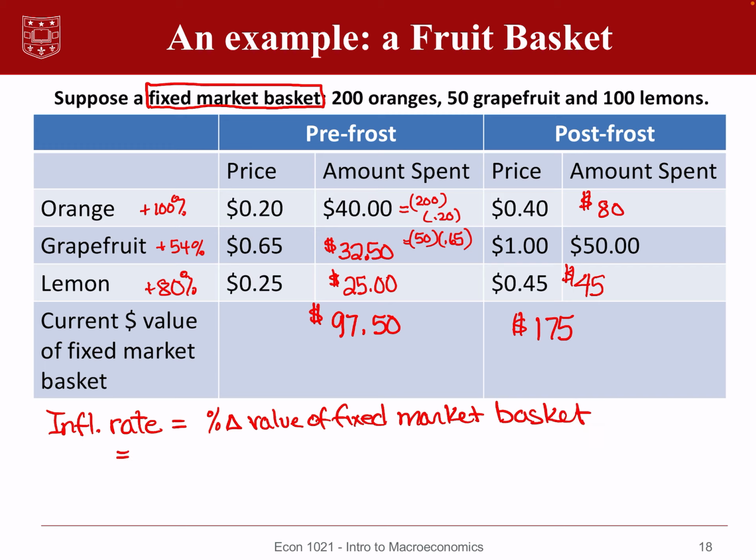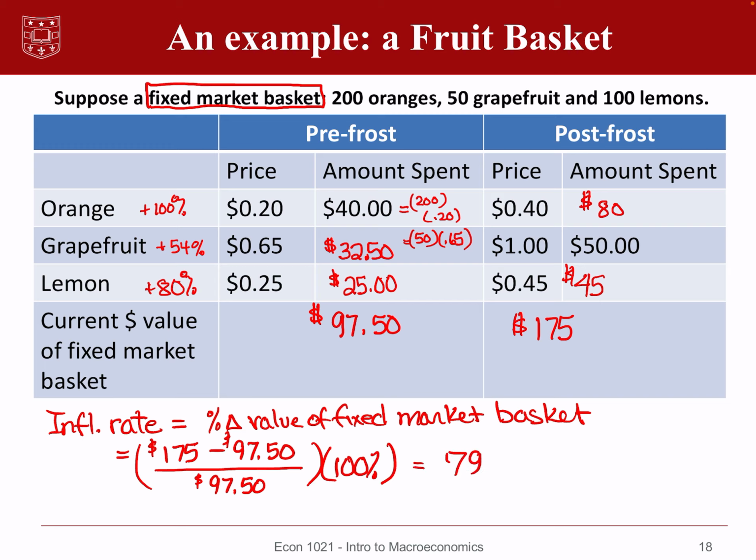And so that would be $175 minus $97.50 divided by $97.50. And then again, we want to multiply by 100 to express it as a percentage. And if you do that calculation, you should come up with 79.49%. And does that number sort of make sense?